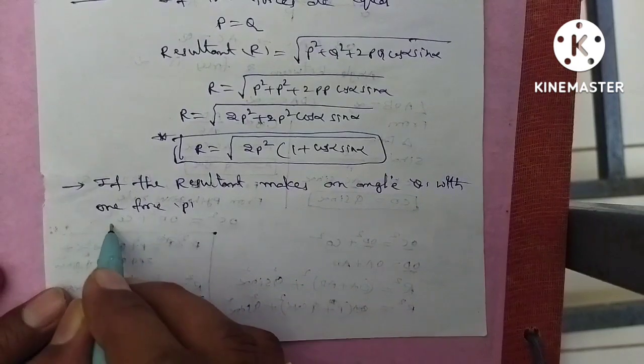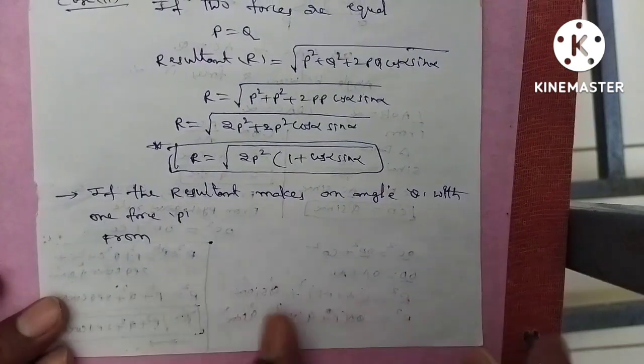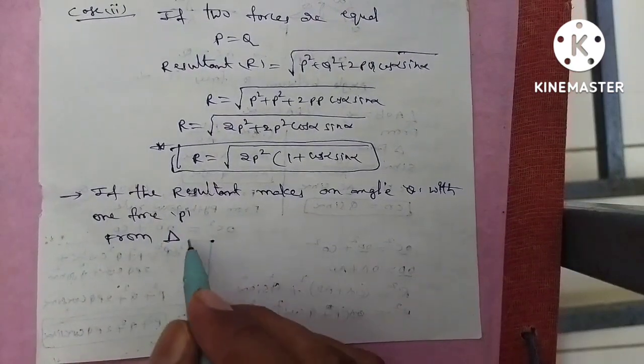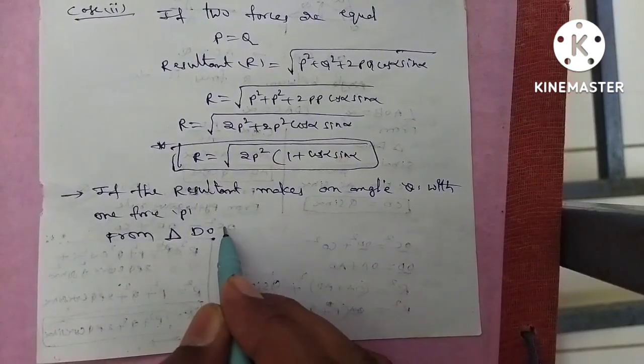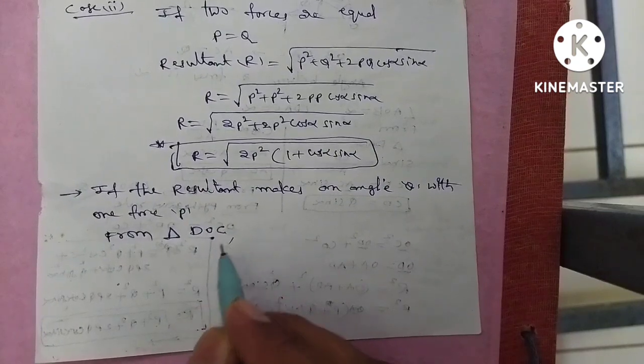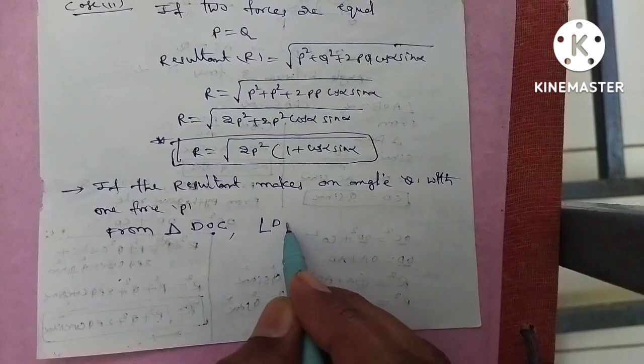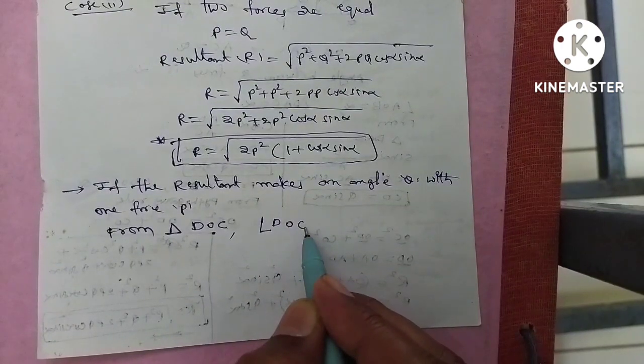Tan theta is equal to opposite side by adjacent side from the same triangle, that is from triangle DOC. Angle DOC is equal to theta. Theta you have to determine.